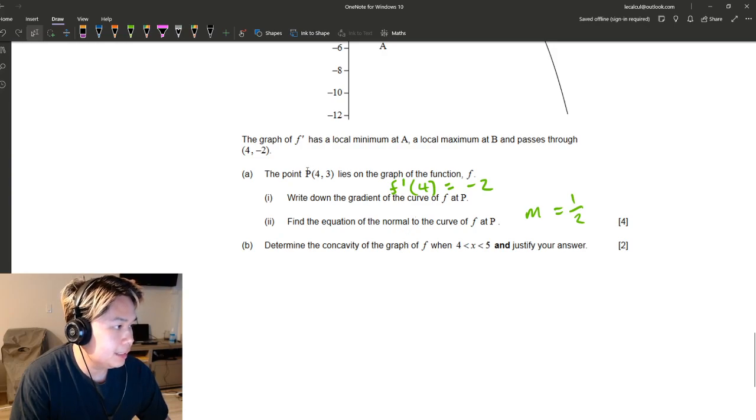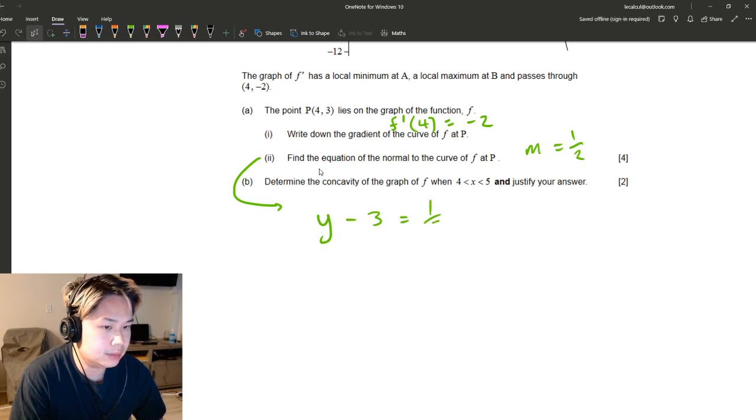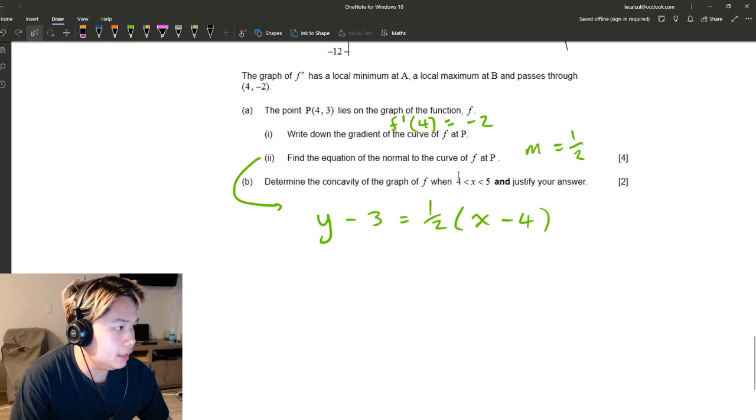Now, we also know that the normal to the curve will also go through this coordinate, 4, 3. So we can get an equation from that. So y minus 3 should be equal to 1/2 (x minus 4). This is just the point gradient form using this point and this gradient, and it doesn't say what kind of specific equation it wants, so this is a valid equation and you can just leave it like that.